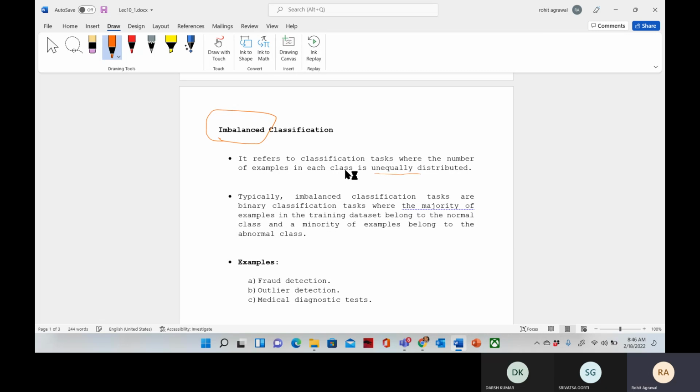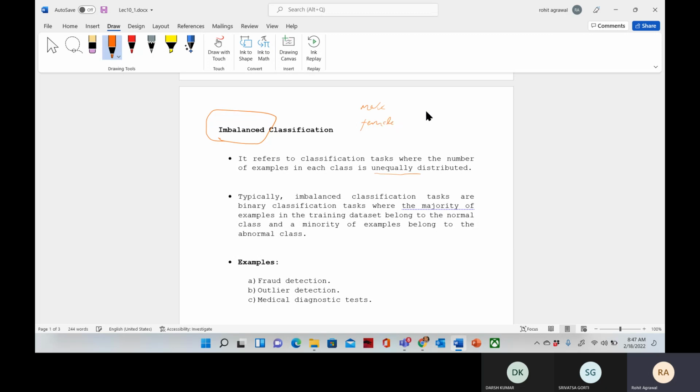Suppose I gave one example yesterday. Suppose you have a survey about what people expect from their company, and the people who give the survey are of two kinds, male and female.